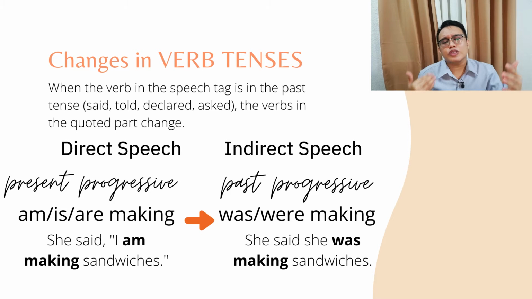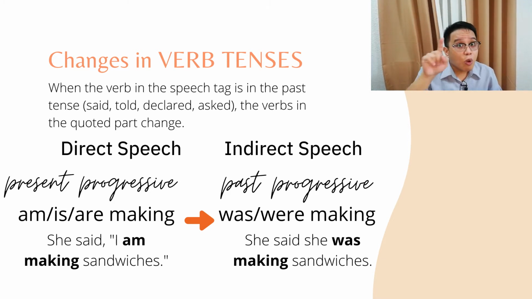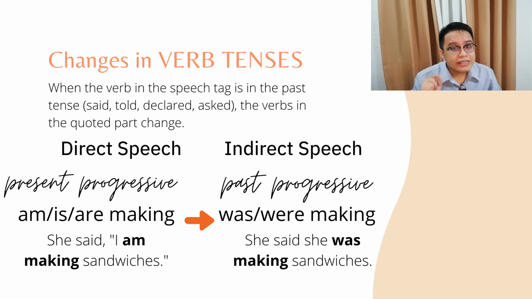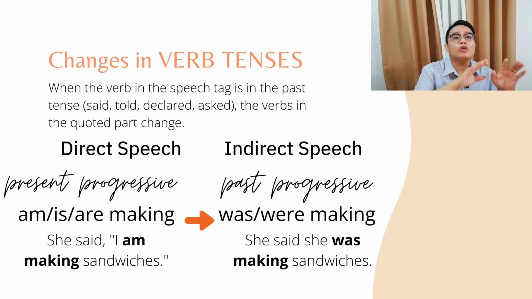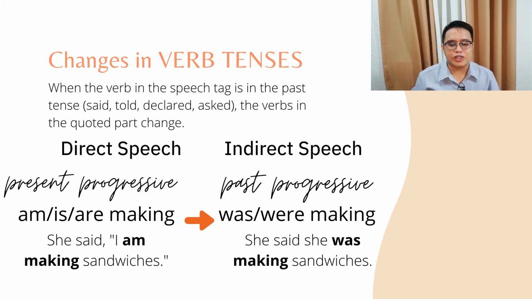Abot na to sa conversion to indirect speech, mahimo siyang, she said, she was making sandwiches. Okay? Klaro ra. From present progressive to past progressive. From I am making sandwiches to she was making sandwiches.